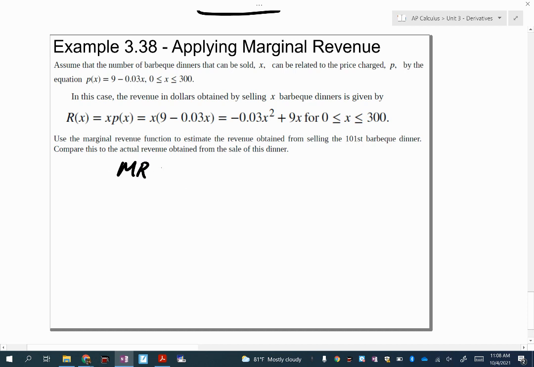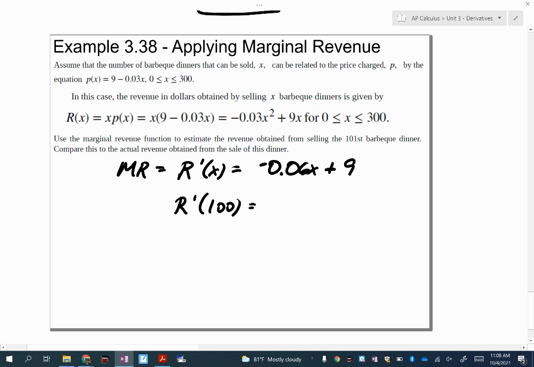Okay, so the way you do this, to find the marginal revenue, MR is equal to the derivative of the revenue, so R prime of X. Using my power rule and sum rule, we have negative 0.06x plus 9. So that's the marginal revenue function. And to find the marginal revenue for the first dinner after 100, we're going to plug 100 into this marginal revenue function.